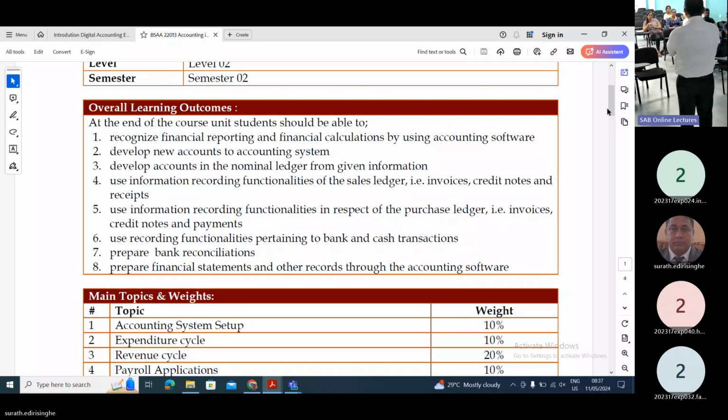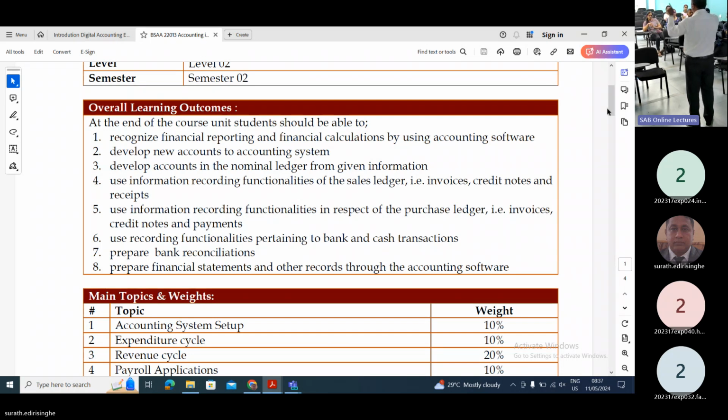The central ledger is controlled and monitored by the subsidiary ledgers. Now, my second question: why does the company maintain subsidiary ledgers? Basically, there are payroll ledgers also.